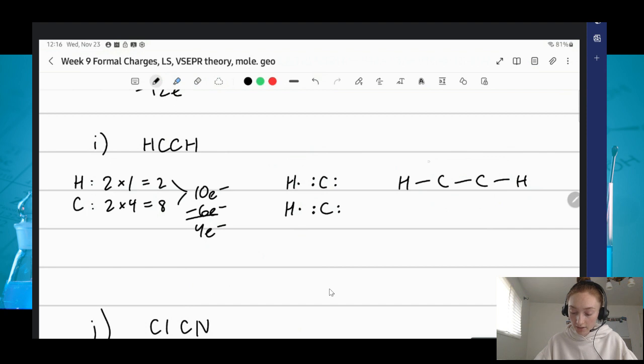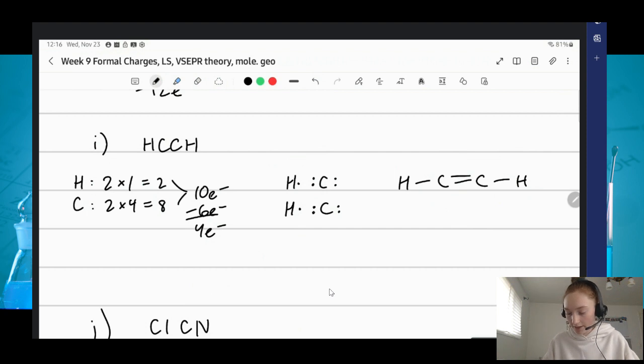Since the hydrogen can only have 1 single bond each, we would have to add more bonds between the carbon and the carbon. And since we have 4 valence electrons, but we need 8, that's a good indicator that it's not just a double bond, this might be a triple bond. But let's just do a double bond for now and see what that looks like.